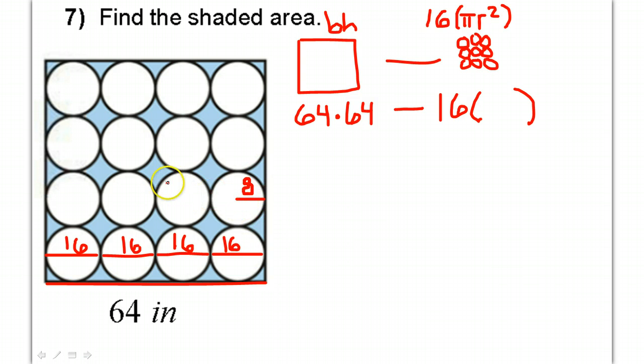So that means when I do my pi r squared for the area of one of these circles, that's going to be pi times 8 squared. So that's going to be 64 pi. Each one of these circles has an area of 64 pi.